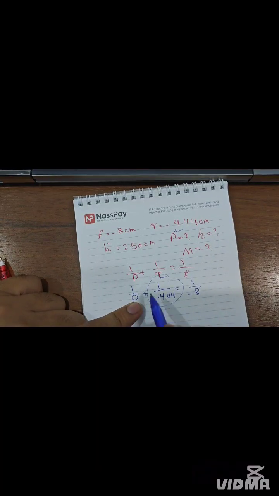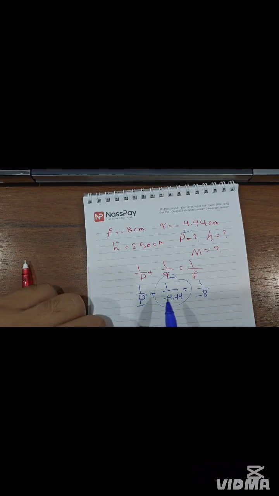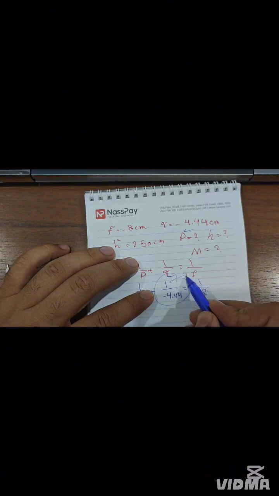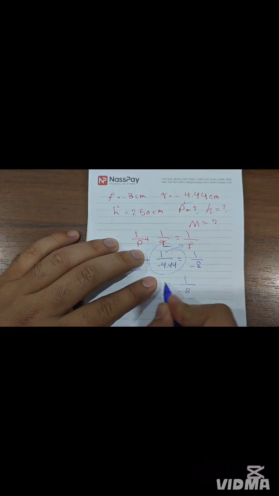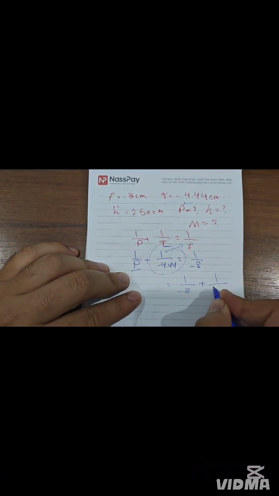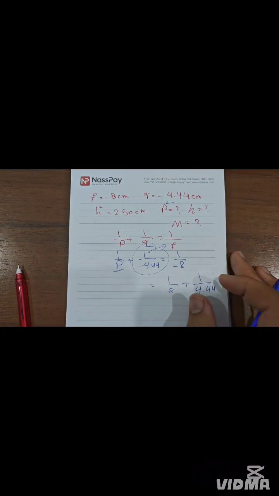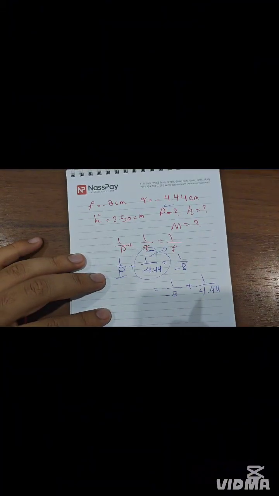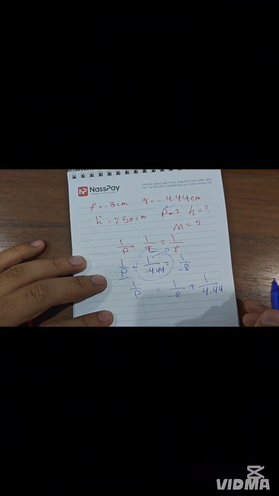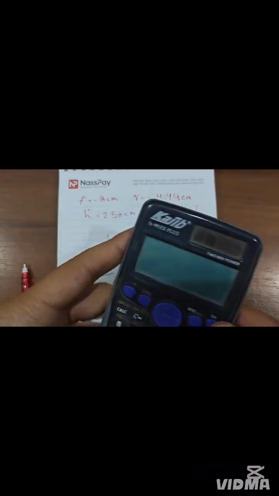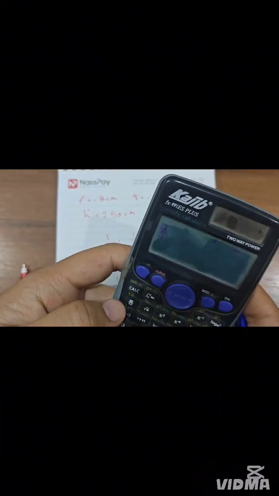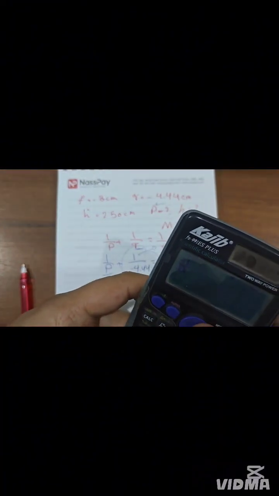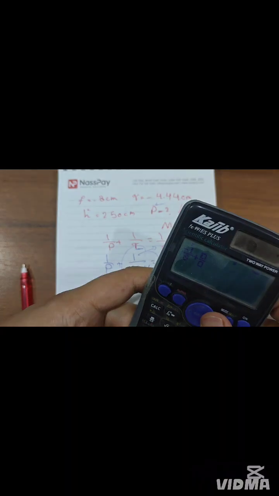How can we get the value of p? First, take this fraction to the right side. Equal to 1 over negative 8, and taking it to the right side gives positive 1 over 4.44. So 1 over p equals negative 1 over 8 plus 1 over 4.44.